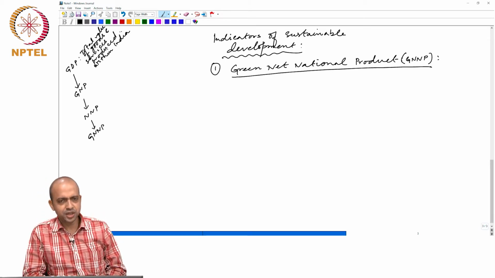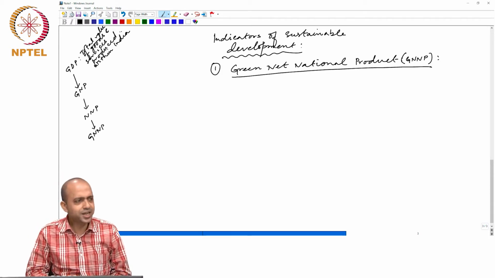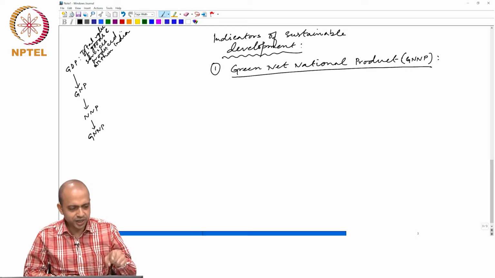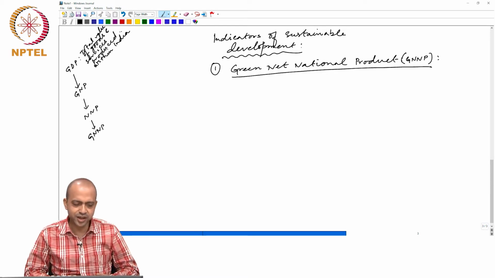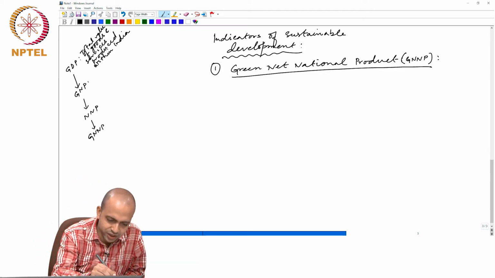Suppose somebody is working in the US and sending remittances, then that income is actually not included in GDP. That is why economists later on revised this idea of GDP and they got a measure which is called gross national product. So, this equals GDP plus net foreign income.